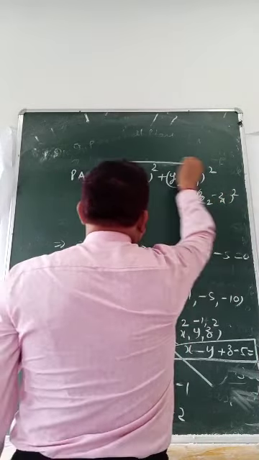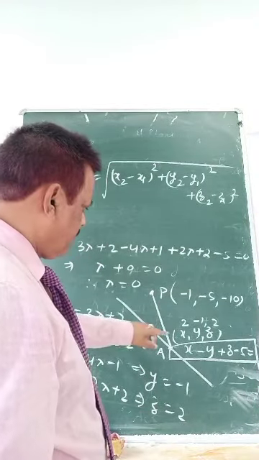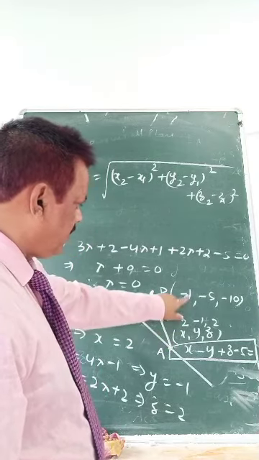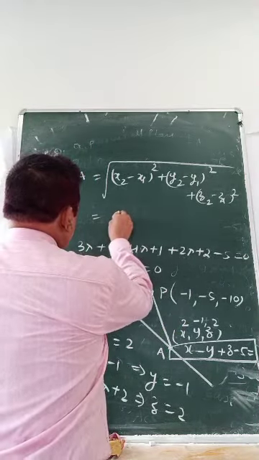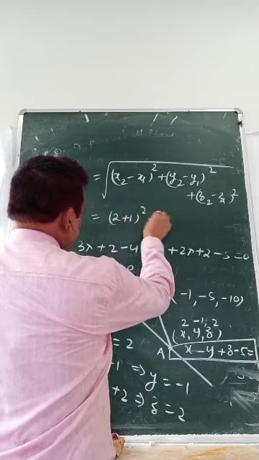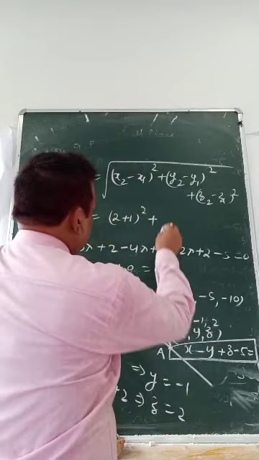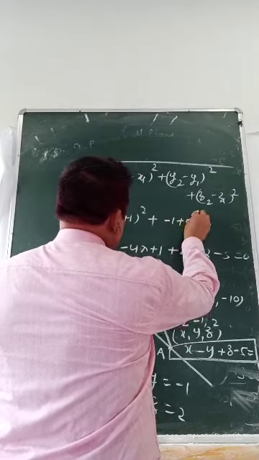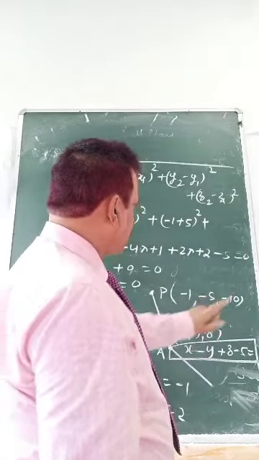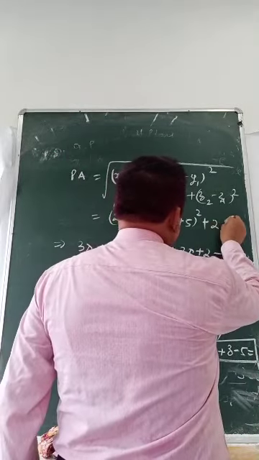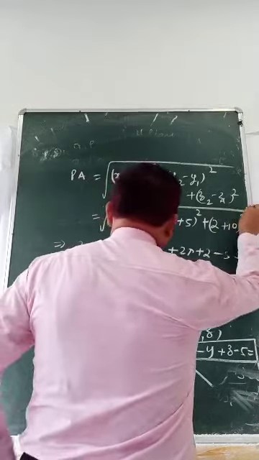Okay, put it. 2 plus 1 whole square, minus 1 plus 5 whole square, 2 plus 10 whole square, under square root.